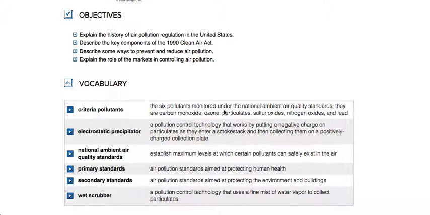The key events of the Clean Air Act were really set in motion back around 1950 to 1960. Limits on emissions were part of the Clean Air Act of 1963. Then Richard Nixon, our president, created the Environmental Protection Agency in 1970, as well as strengthening the Clean Air Act.